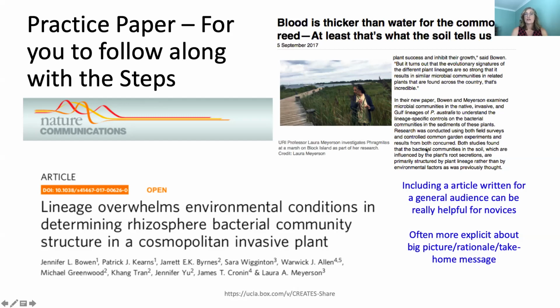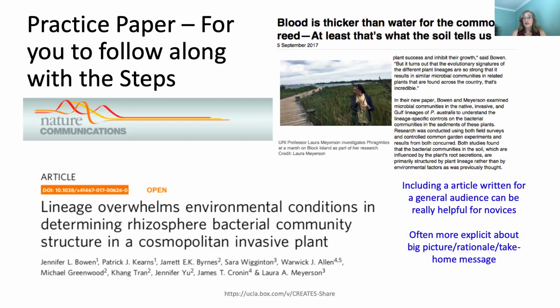Okay. So you should also think about the papers that you're assigning in general. Shorter is not always better. The longest papers are not always better. It's really important to look through the papers that you're going to be assigning to the students, and probably even go through the whole CRATES process yourself.